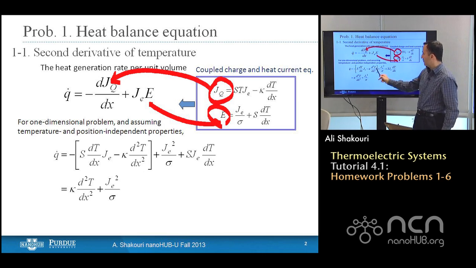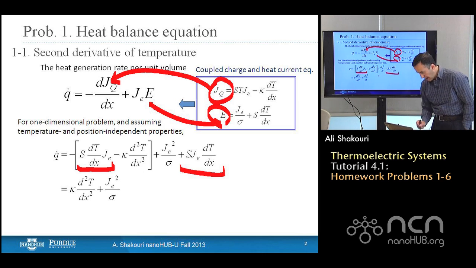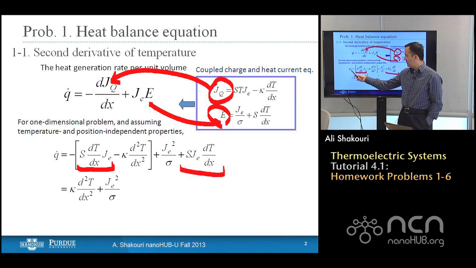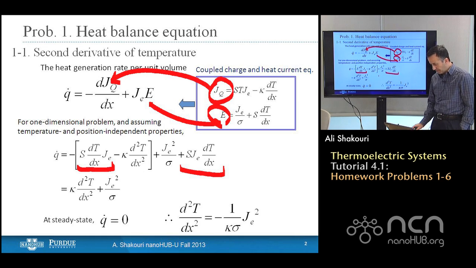And then the second term gives you the second derivative of temperature when you apply this operator. Then in the second term, you just multiply everything by JE, so it's JE squared divided by sigma, and there is a JE here. This equation is easy to simplify as these two terms cancel, and all you have is the second derivative in space and the amount of current squared divided by sigma, which is the Joule heating.